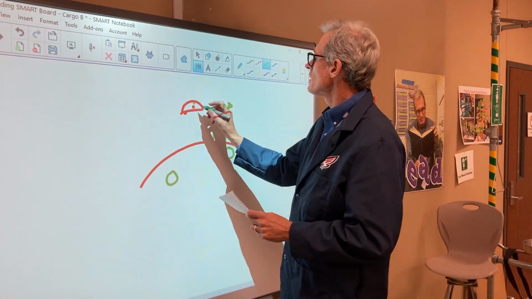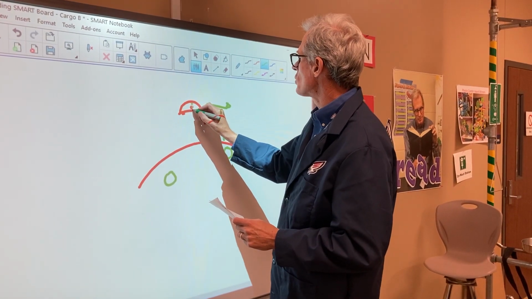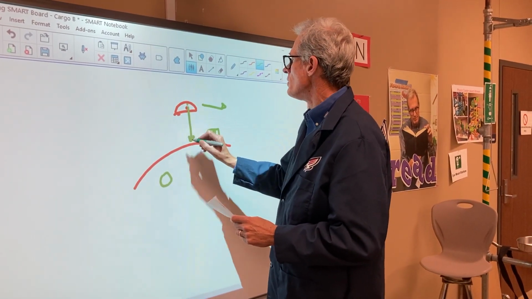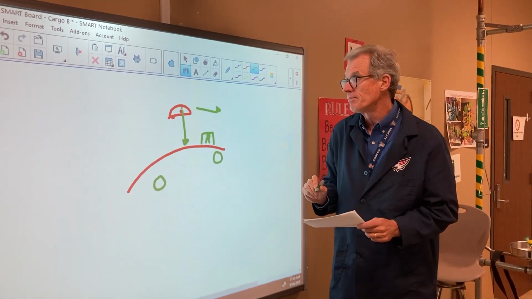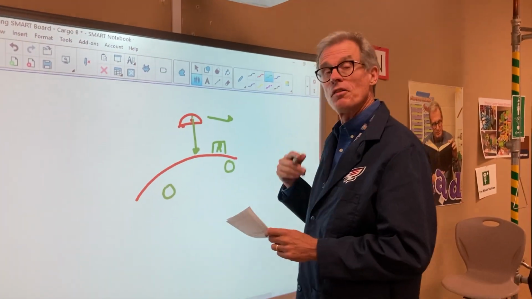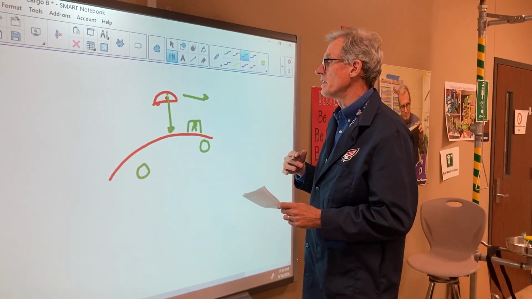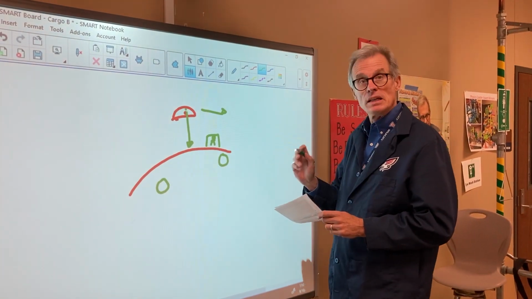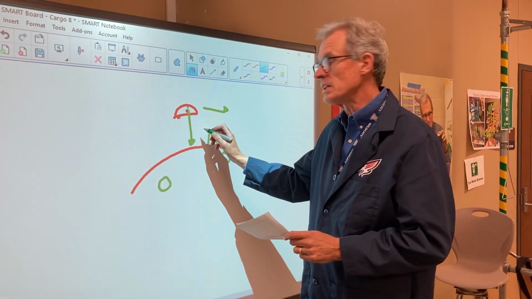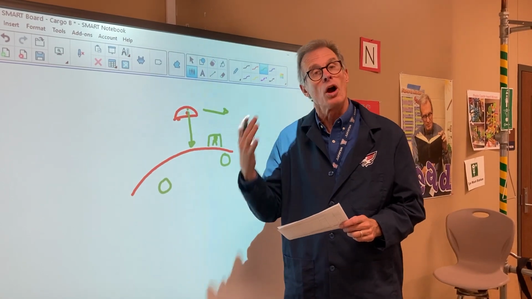Now they're going to drop the cargo out of the ship, and it's going to fall to the moon's surface due to the acceleration of the moon's gravity. The problem is that the cargo container is only so strong.